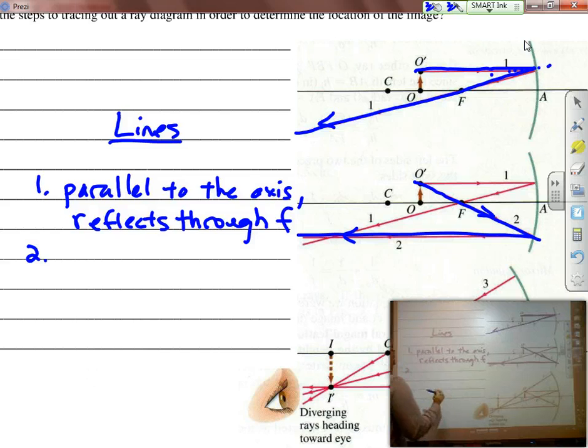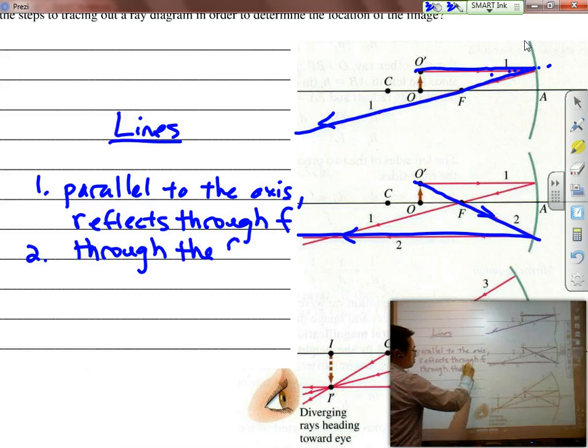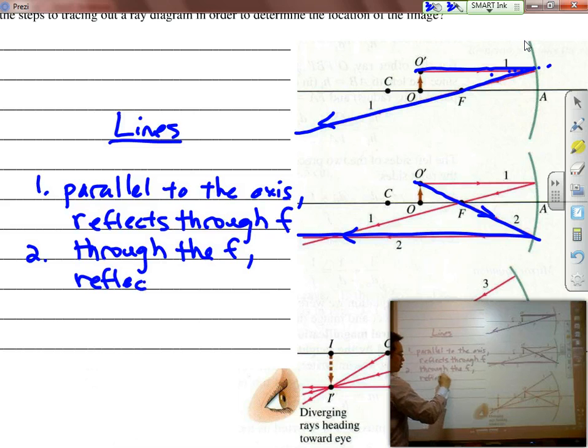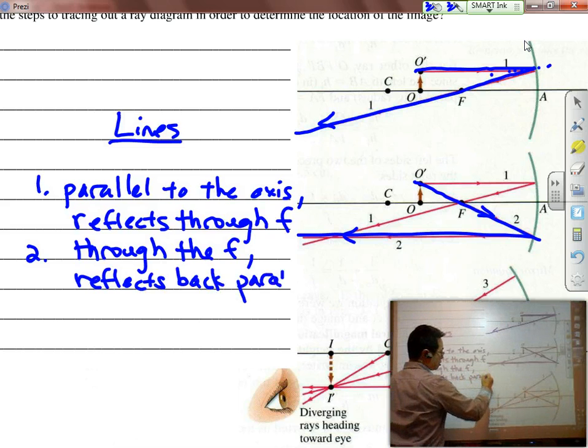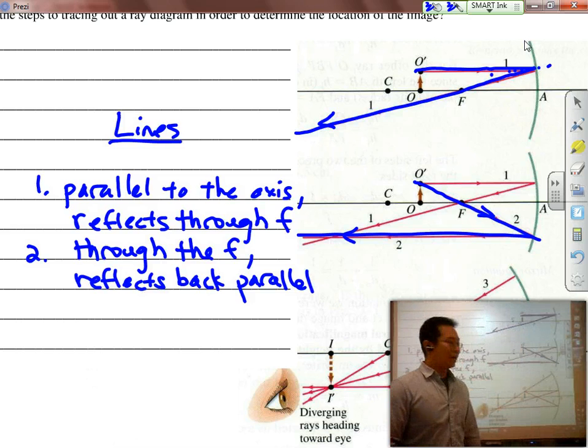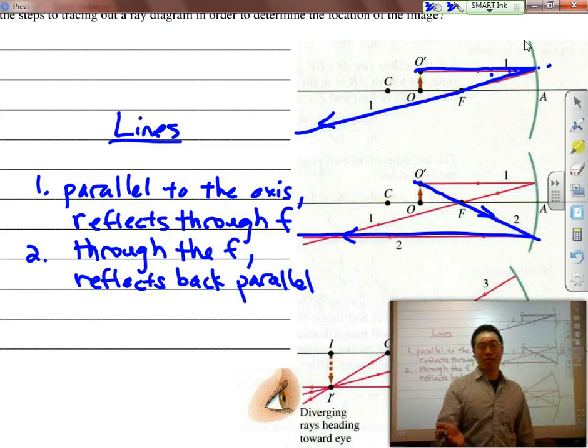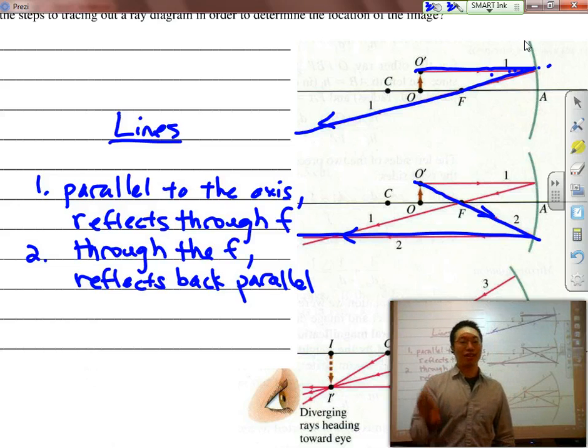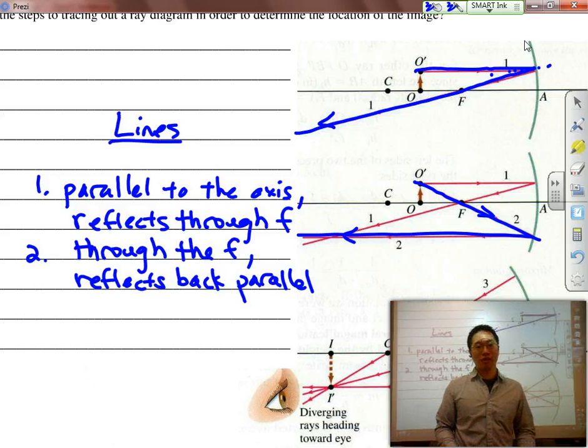So the second line you're going to draw is through the focal point, and then it reflects back parallel. Now, there are actually many other lines they can draw, because technically they should all meet at the same point. And where all those lines meet, that's where you have the image created.